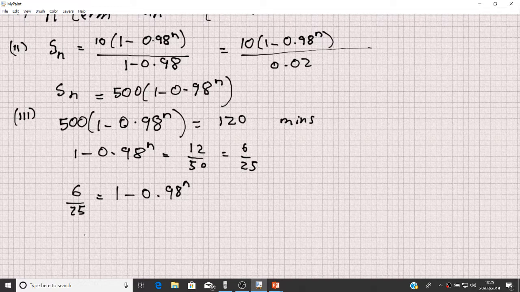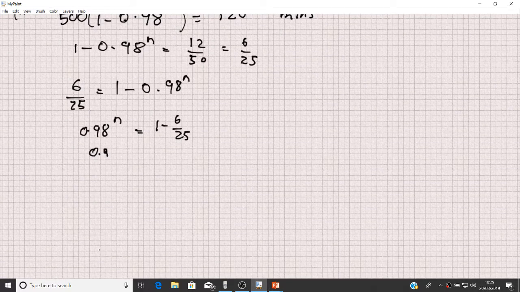So what I'm looking for is 0.98 to the power of n on the left equals 1 minus 6 over 25. So 0.98 to the power of n equals 19 over 25.